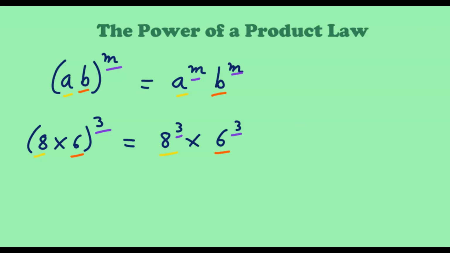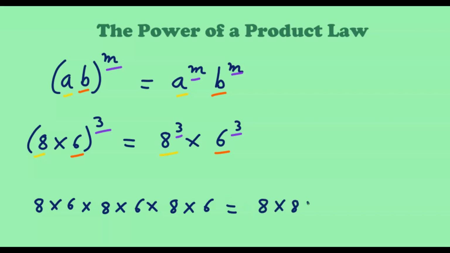Now let us see why this law works. So we have (8 times 6)^3. So that means we have 8 times 6 multiplied by itself 3 times. So we multiply this by 8 times 6. We multiply it again by 8 times 6. Now we can use the commutative law of multiplication to rearrange this product so that we end up with 8 times 8 times 8 times 6 times 6 times 6.